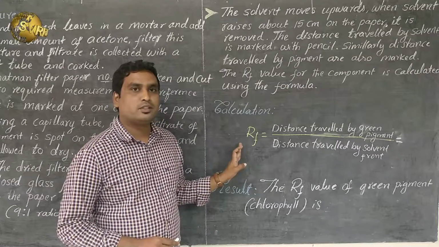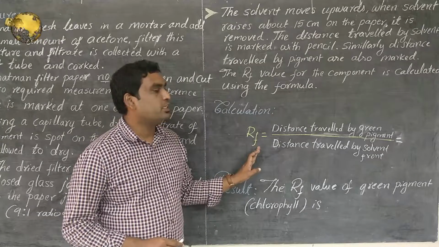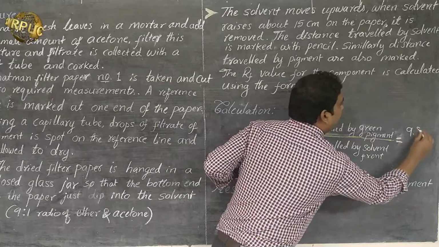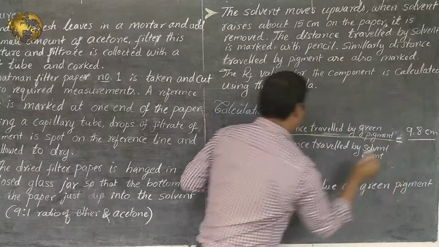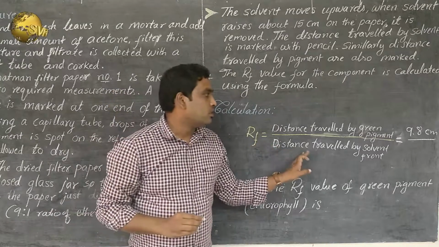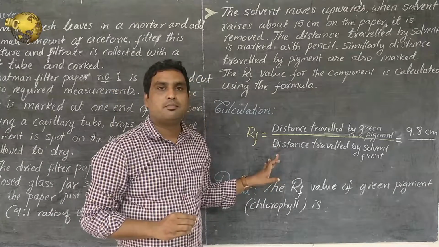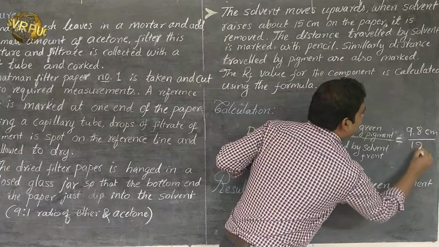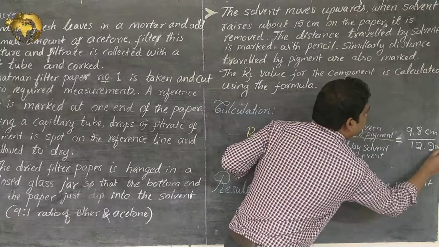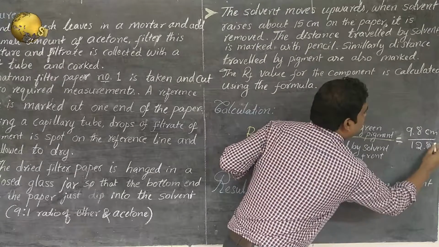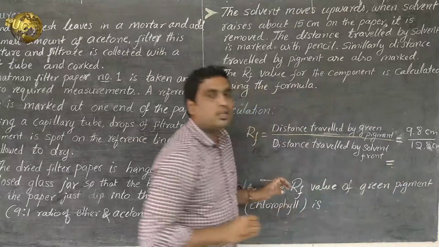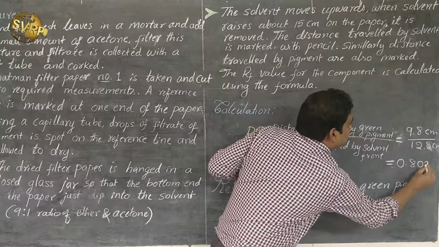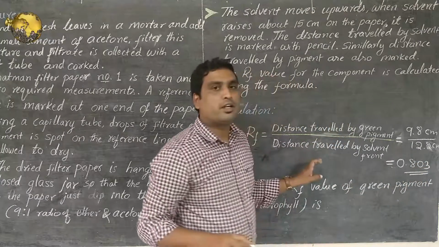We already noted the distance traveled by the green pigment, that is chlorophyll, was 9.8 centimeter, divided by the distance traveled by the solvent front, that is the maximum height traveled by the solvent, 12.2 centimeter, and the answer is found to be 0.803. There is no unit for the retardation factor, students.